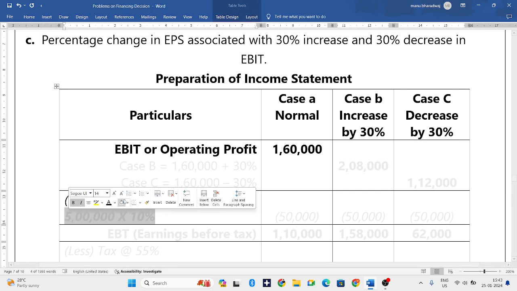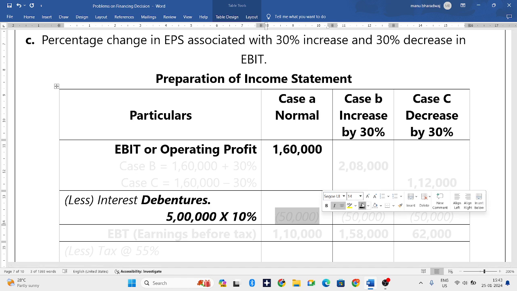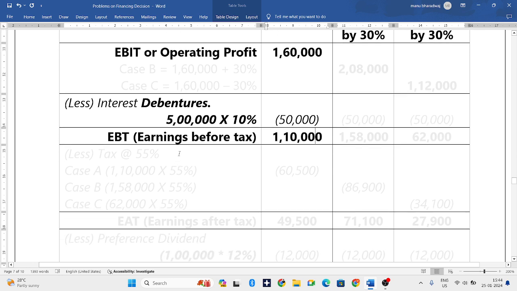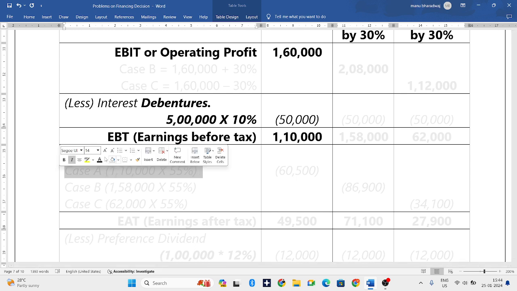and 10% interest will be given on 5 lakh. So 5 lakh into 10% will be 50,000. Now 1,60,000 minus 50,000 will give us EBT, which is 1,10,000. From that, we have to reduce the tax. Tax, they have told in question that it is 55%.